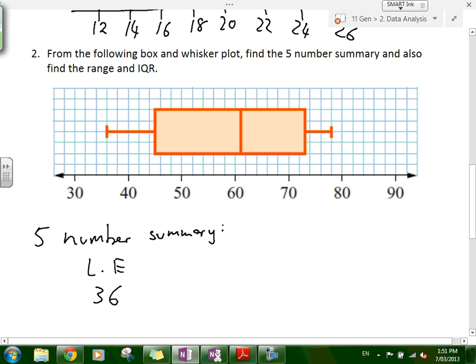What's the lower quartile, Brandon? 45. Q1 is 45. The median, what's the median, Eden? 61, good. 61, what is the upper quartile? 73-ish.